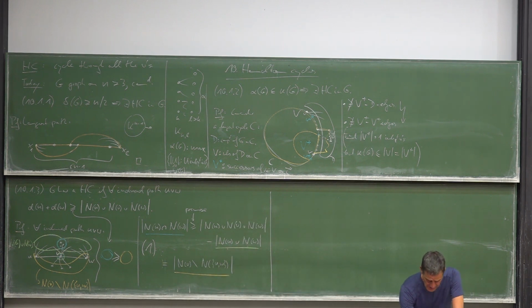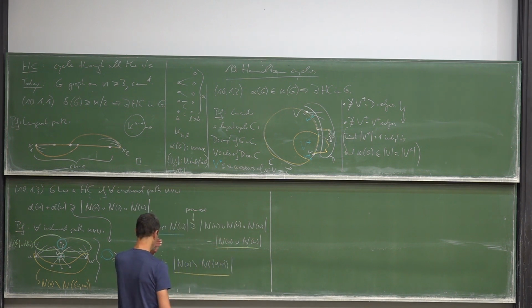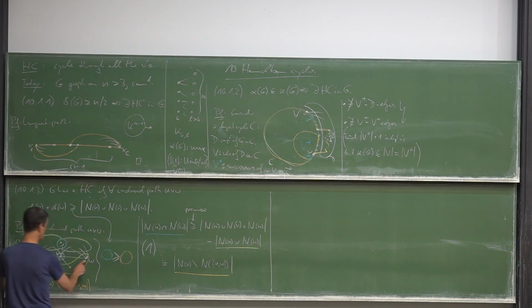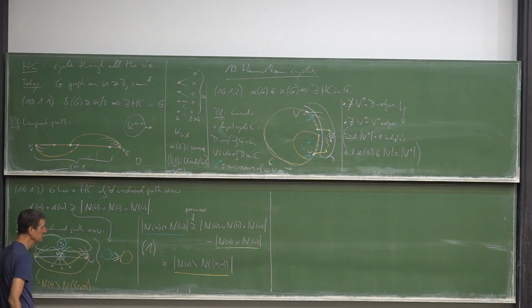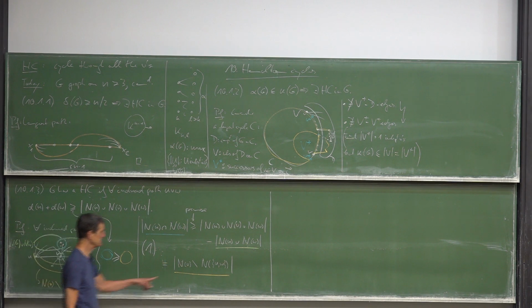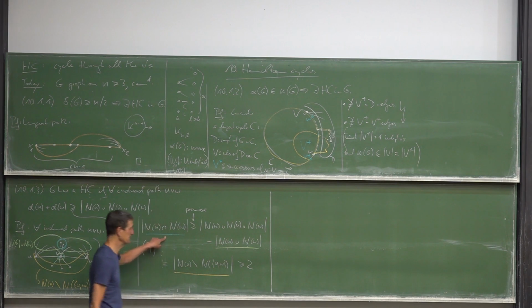And now, well, in particular, the yellow set includes U and W. Right? U and W are not joint neighbors of U and W because U and W are not adjacent, so they're yellow. And in particular, the yellow set has size at least 2. So blue has size at least 2.